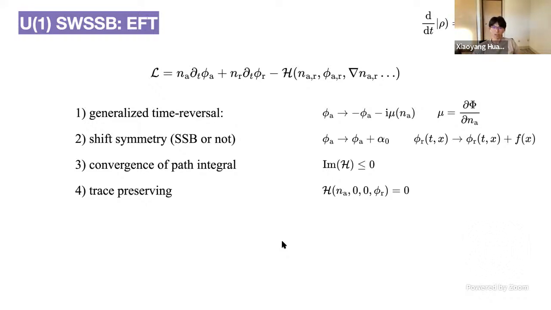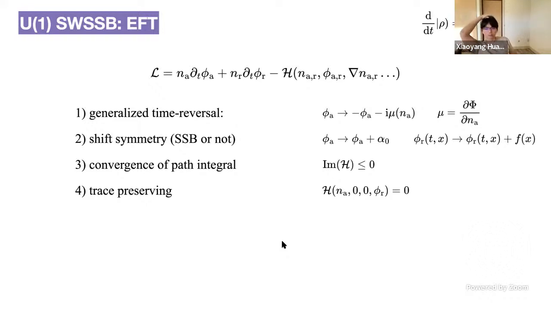Okay, so the second symmetry that we impose. Recall that in the U1 pure state case, we have this shift symmetry because the phi field that we have in the U1 case is spontaneously broken, characterizing the spontaneously broken phase, so you are allowed to shift it. So here, what is broken is the strong symmetry, so you are allowed to shift the quantum field phi A by a constant number.